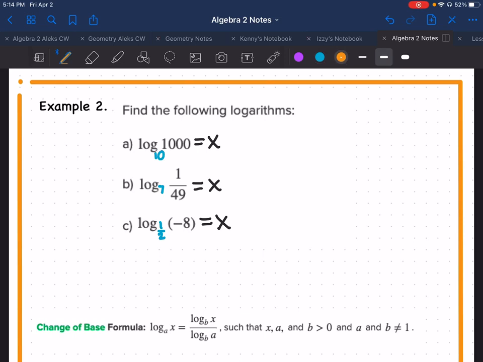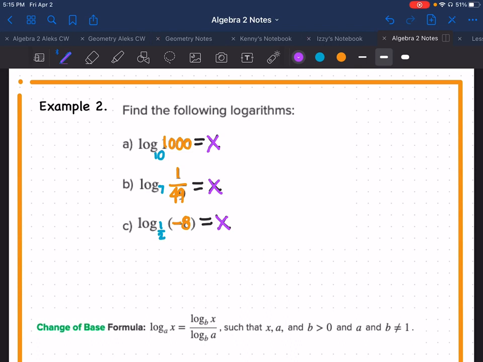The numbers next to them I color orange. I'm just following my pattern from the last slide. And -8. And then all my x's, I'm going to make them purple.